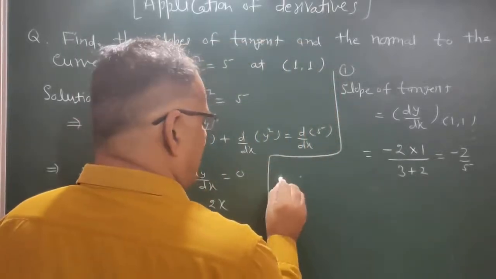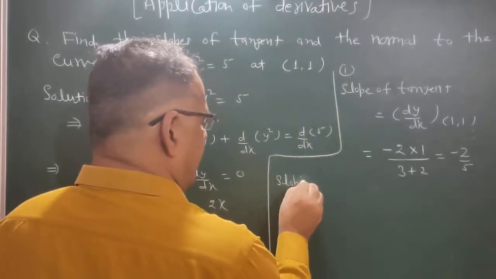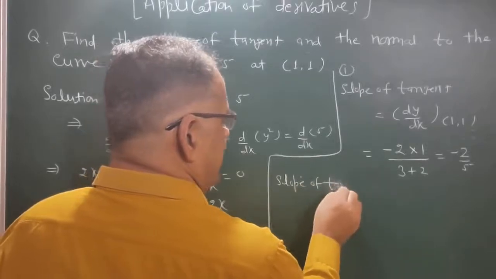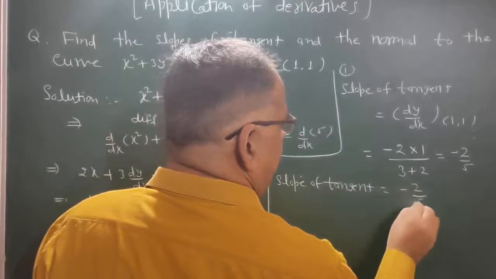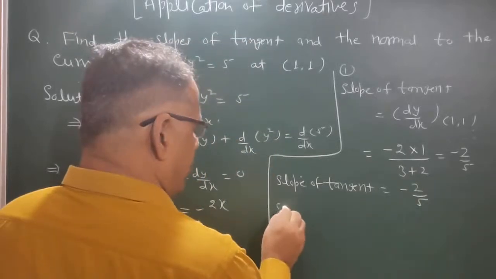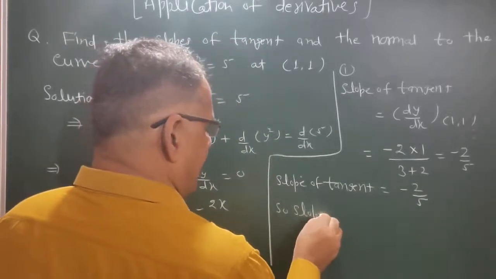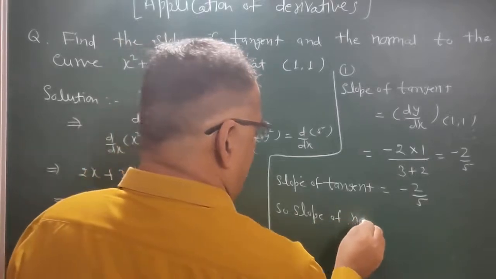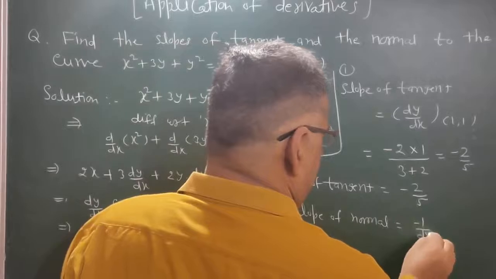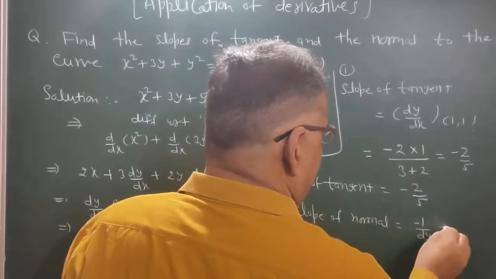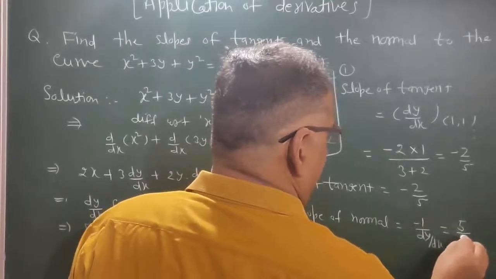Then the slope of tangent is minus 2 upon 5. So the slope of normal is equal to minus 1 upon dy over dx, that means 5 upon 2.